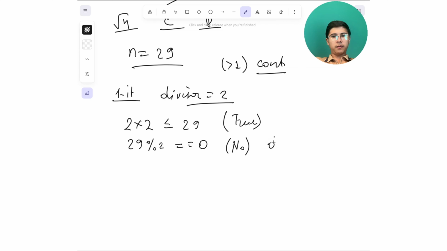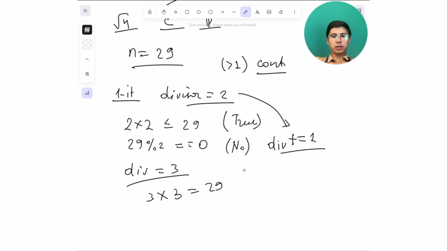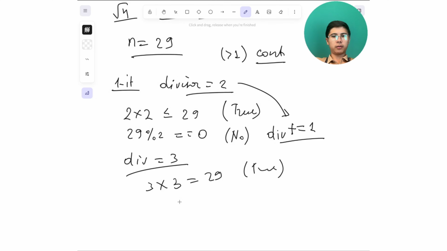Then the divisor is increased to 3, that means divisor plus equals 1. In the second iteration the divisor is 3, and 3 multiplied by 3 is 9, which is also true because 29 is greater than 9.